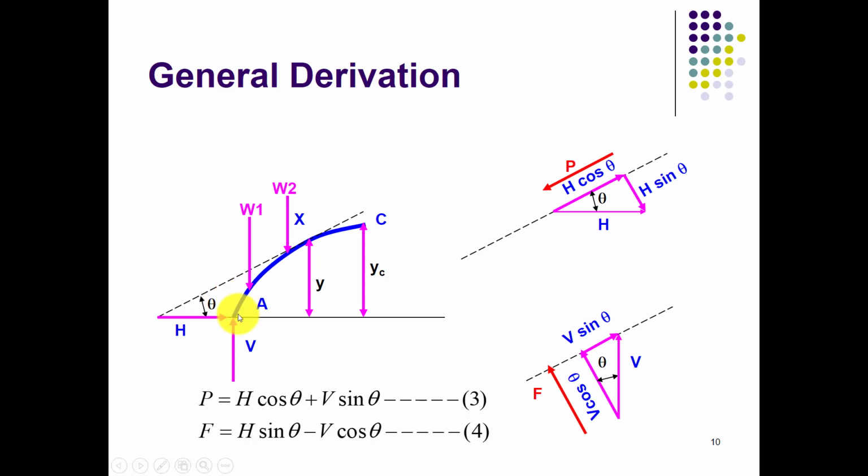So the P force and the F force, which are horizontal and vertical forces respectively, can be calculated by taking sigma Fy equals 0 and sigma Fx equals 0, which come out as equations 3 and 4. In case of F, we have H sin theta, which is the vertical component perpendicular to the tangent drawn, and V cos theta, which is going upward contrary to H sin theta, and it is taken as negative.